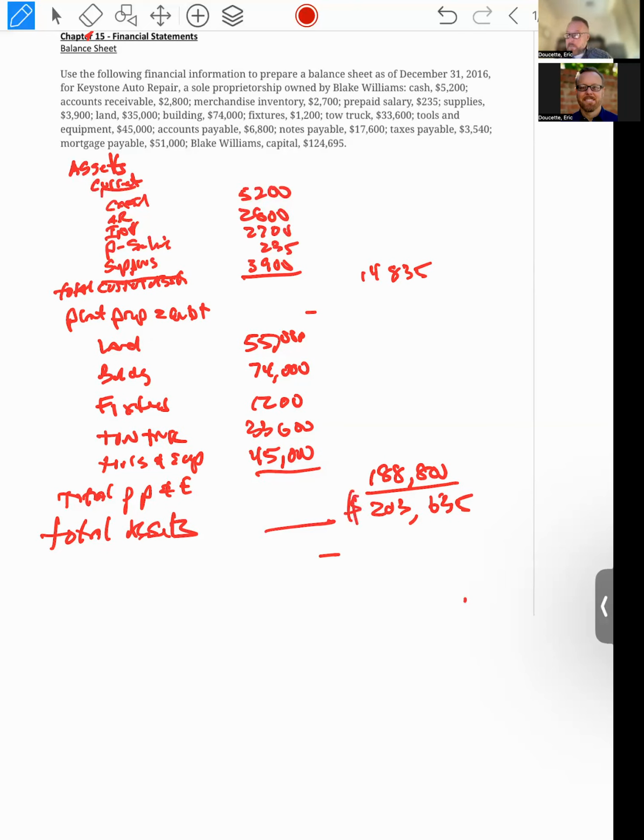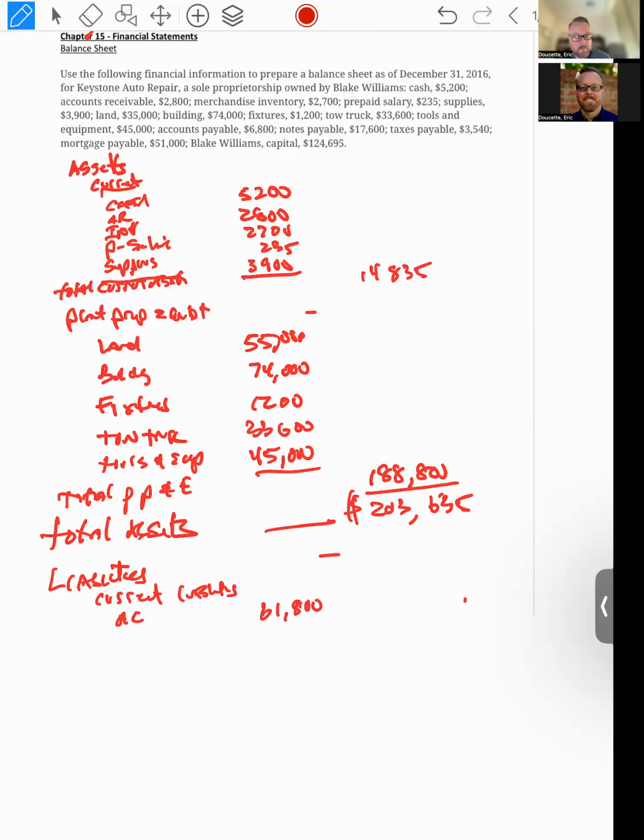All right, and then if I get to my liabilities, which is the second section, I have the same thing. I have current liabilities. And my current liabilities come out to, let's see, I have accounts payable. So we'll just do AP, accounts payable, for 61,800.